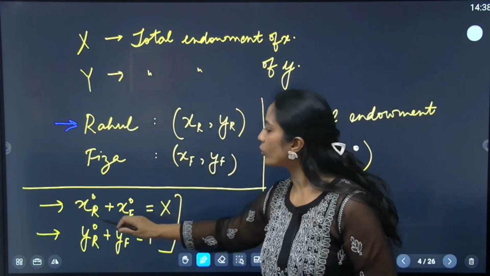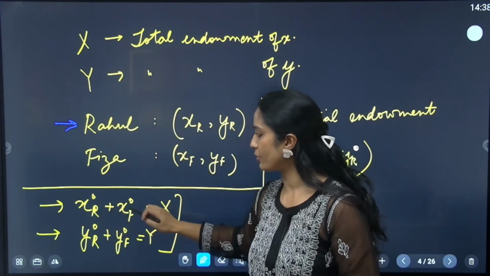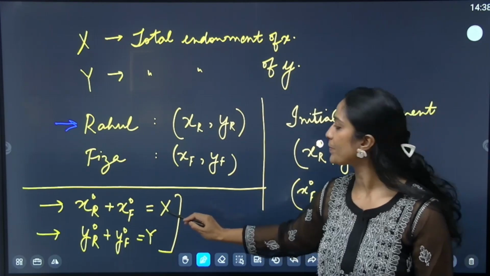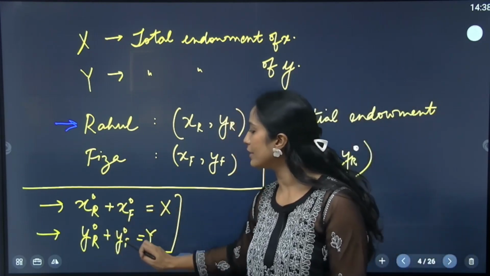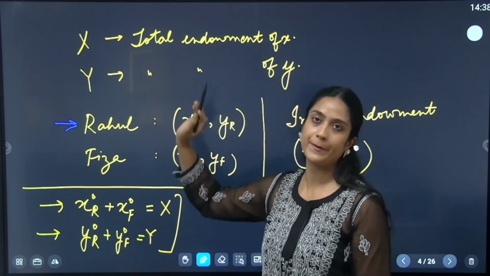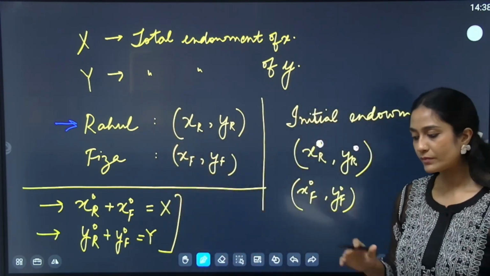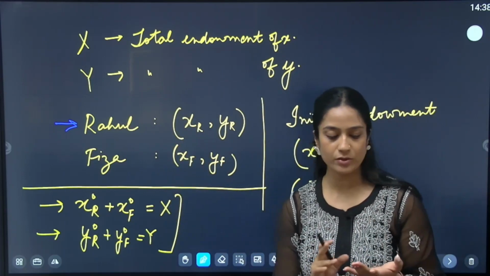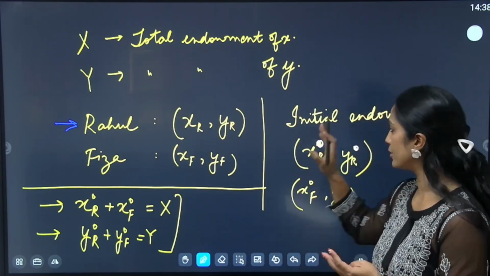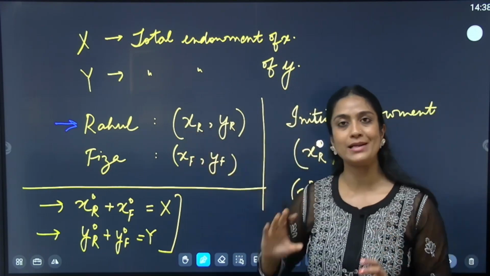So total initial endowments of X of Rahul and Fiza should sum up to the total endowment of X, and similarly total initial endowments of Y for Rahul and Fiza should sum up to total Y. All right. So this is the basic structure of the economy: two consumers, two products, initial endowments, no money, only exchange.